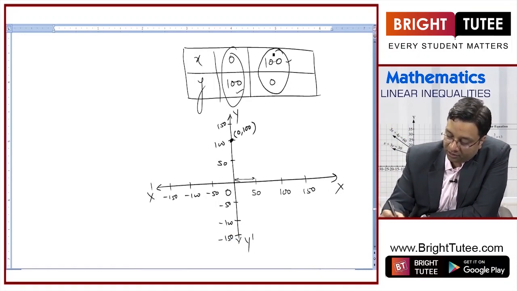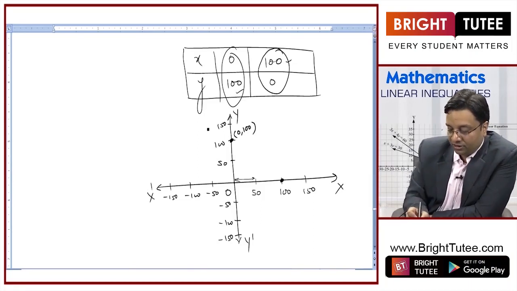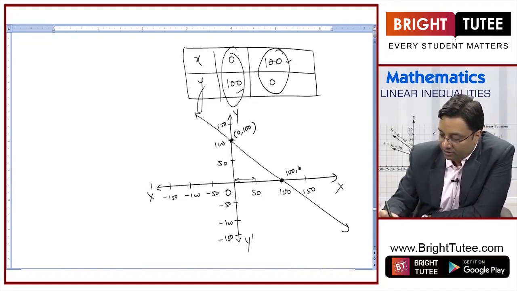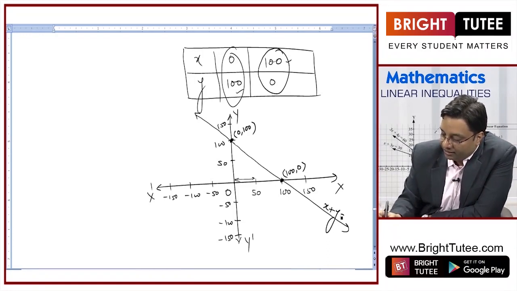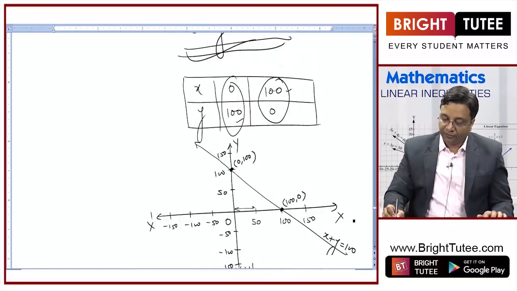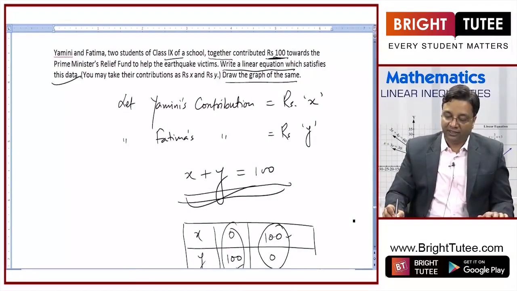Another point is 100, 0. So abscissa is 100 and ordinate is 0. So this graph will pass through these 2 points. This point is 100, 0. And this is the graph for x plus y equals 100. Right? Now what does this graph tell you?